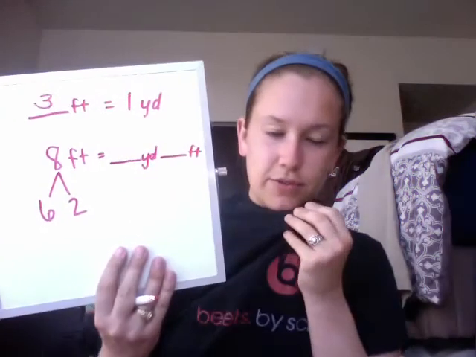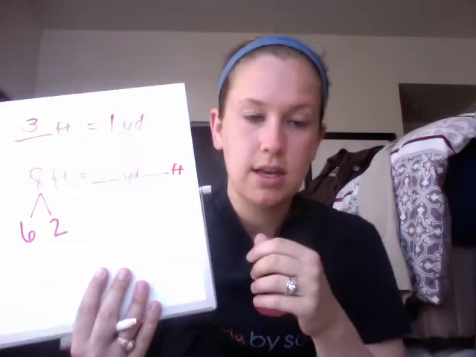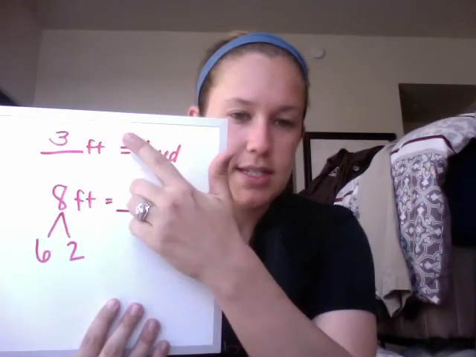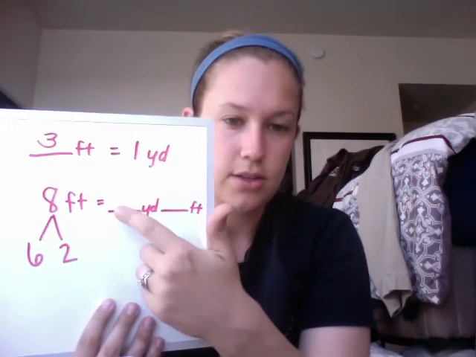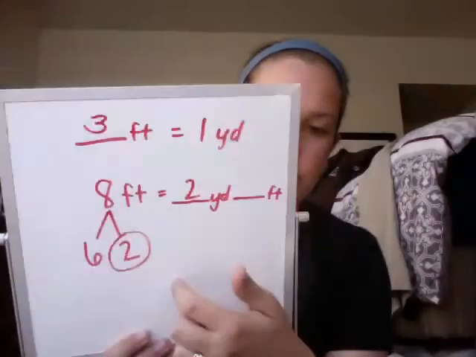That makes more sense to me, but what do I know? So our answer is not going to just be a beautiful number of yards. It's going to be yards with some feet left over, like this. So what is 6 divided by 3? 2, and that'll give us the number of yards. And then we'll have 2 feet still left over.